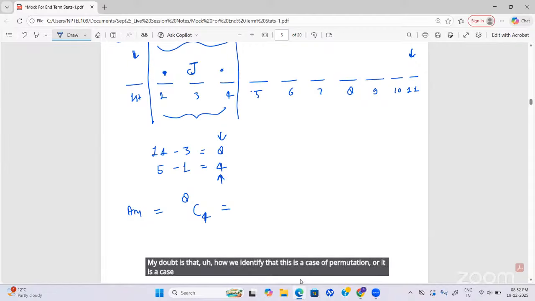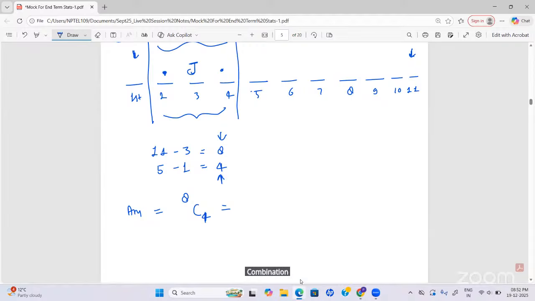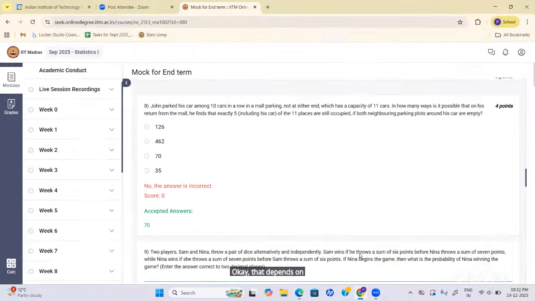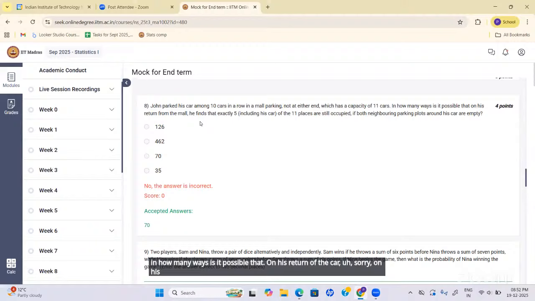That depends on what is asked in the question. So for example, in this question, how do we identify that this is a case of combination? You can see it is asking, in how many ways is it possible that on his return from the mall, he finds exactly 5 out of the 11 places occupied.